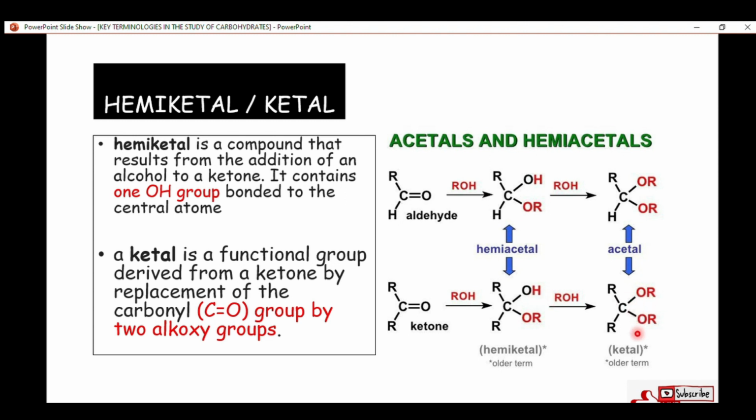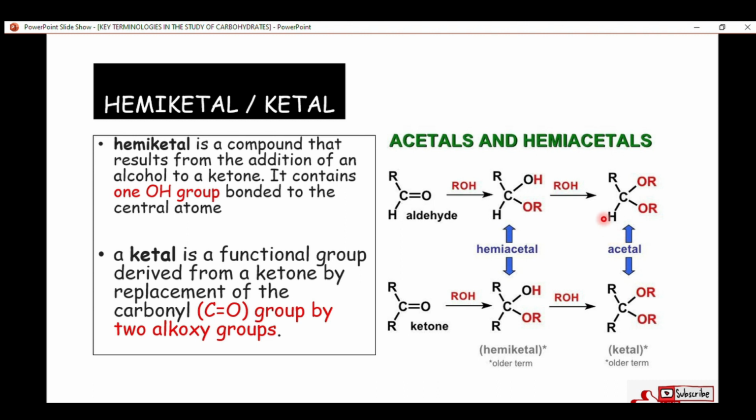It's the same as converting an aldehyde to an acetal, and the same way as converting a ketone into a ketal. So ketals and acetals have the same reactions. It's just the addition of two alkoxy groups to a ketone to get a ketal, and to an aldehyde to get an acetal. So these are definitions you have to pay attention to.